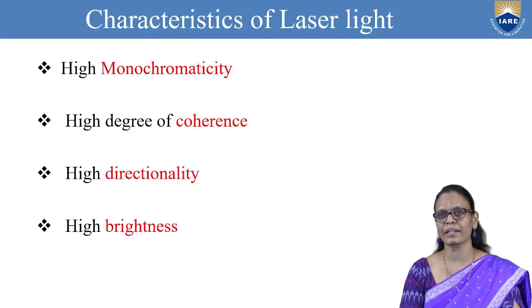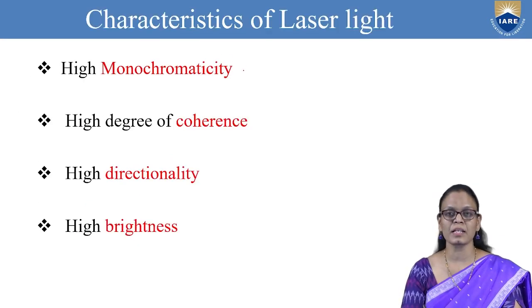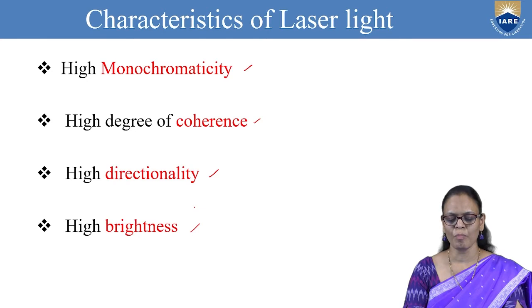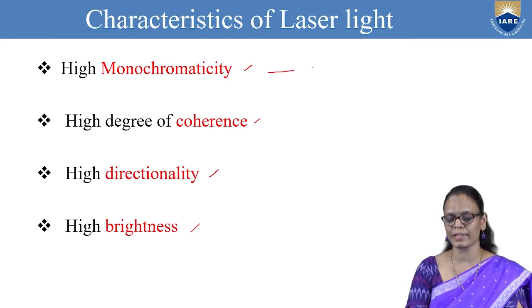Now coming to the characteristics of laser, it is highly monochromatic. It has a high degree of coherence, high directionality, and is very bright. Monochromaticity is always related to a single wavelength. It is light of a single wavelength.